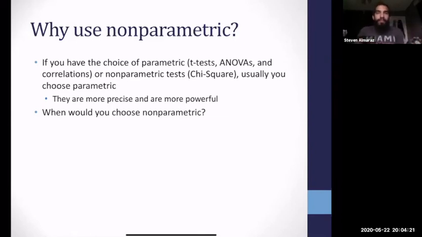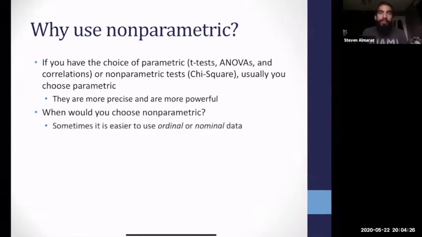All right, so if given the choice, when would you choose to use a non-parametric test? Well, sometimes it's a little bit easier to use ordinal or nominal data. As a quick reminder, these two types of data are data that you cannot put on a number line. Nominal data is name only, like female versus male.